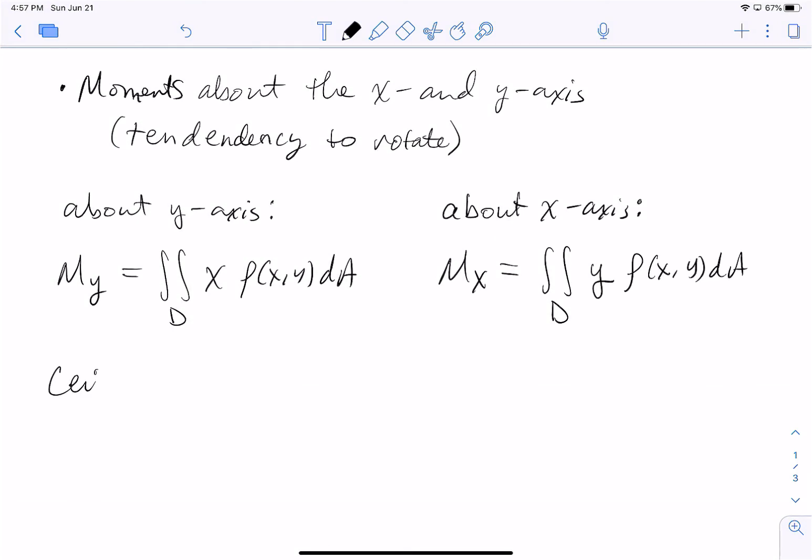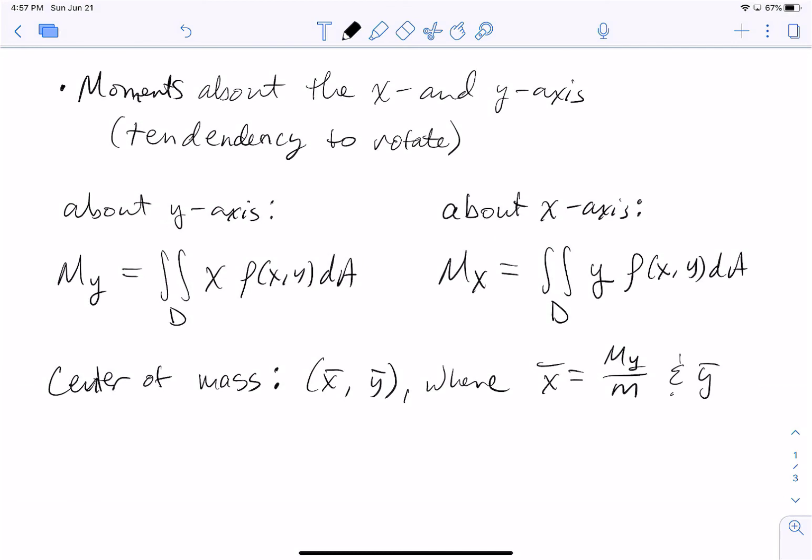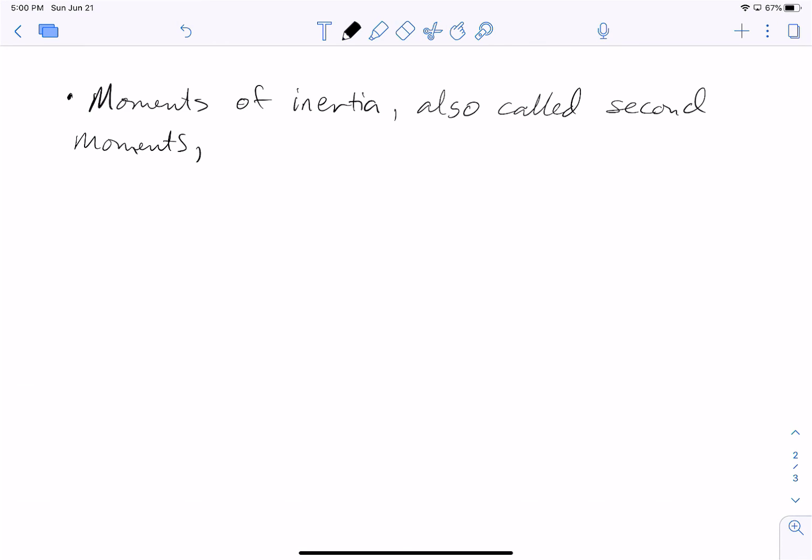The center of mass is x bar, y bar, where x bar is equal to M sub y over m, the total mass, and y bar is equal to M sub x divided by m, the total mass. Physical systems also have what are known as moments of inertia. They are also called second moments, and we consider moments about the x-axis, the y-axis, and the origin.